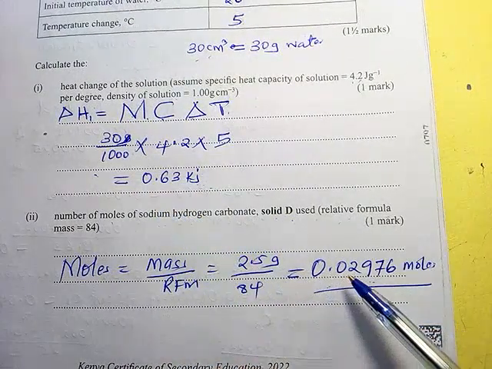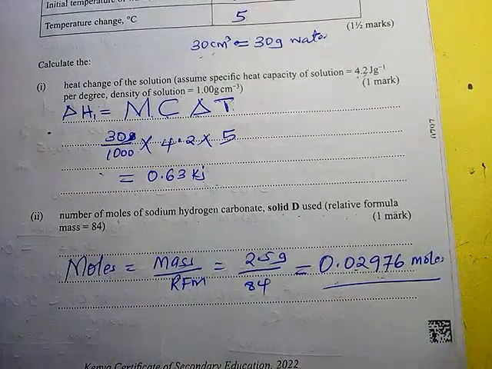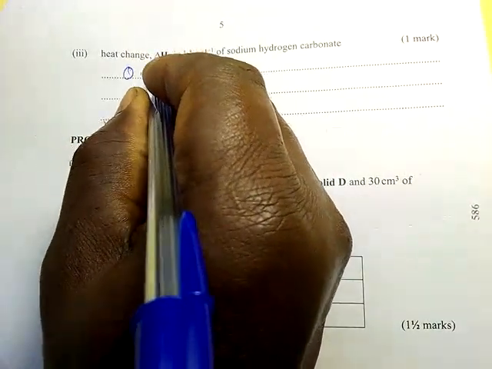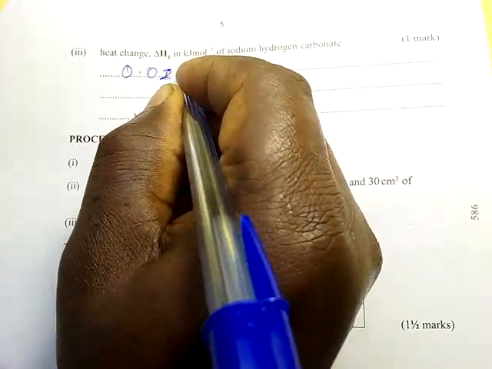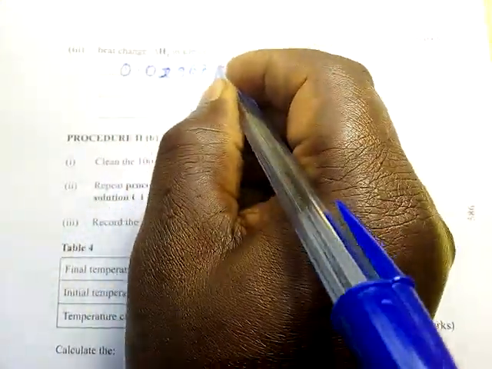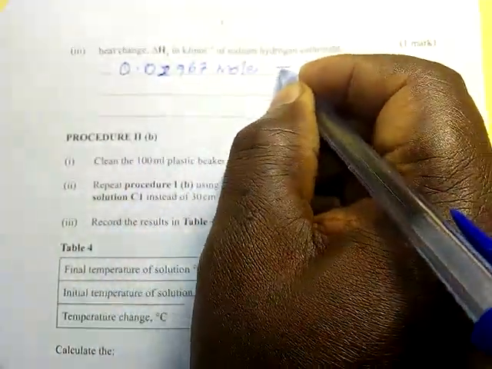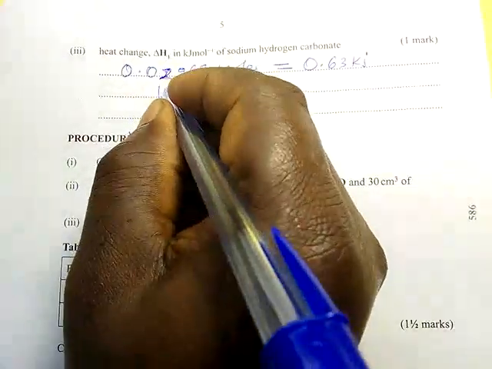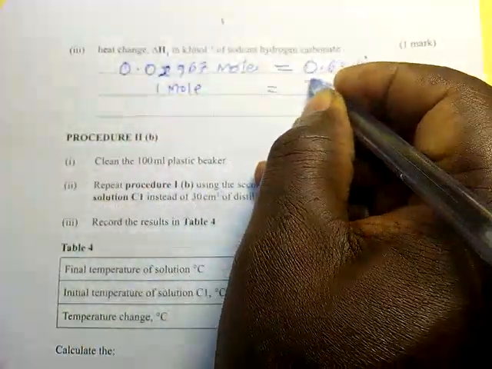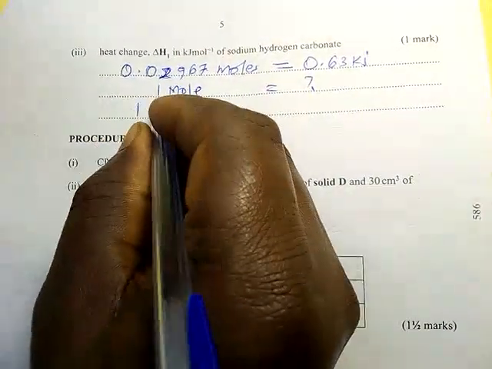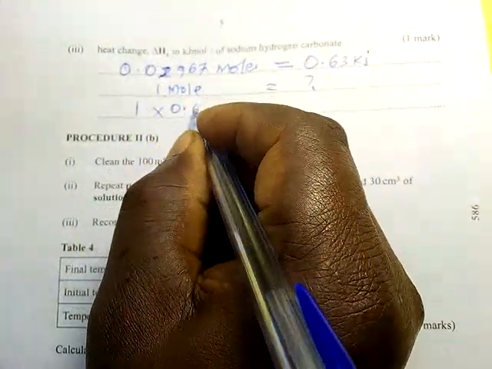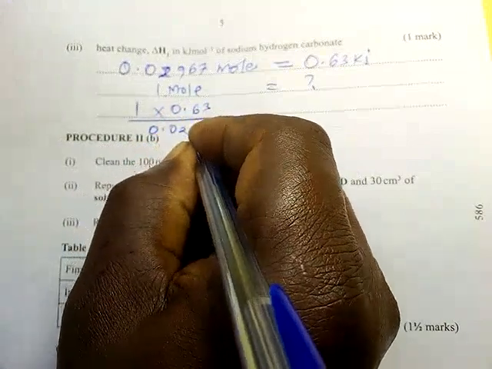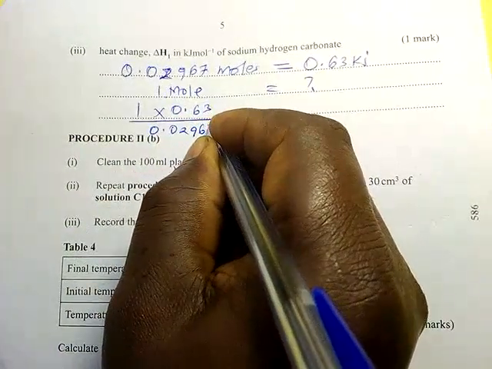So 0.02976 moles produced 0.63 kilojoules. 1 mole will produce what amount? So it is 1 times 0.63 divided by 0.02976.